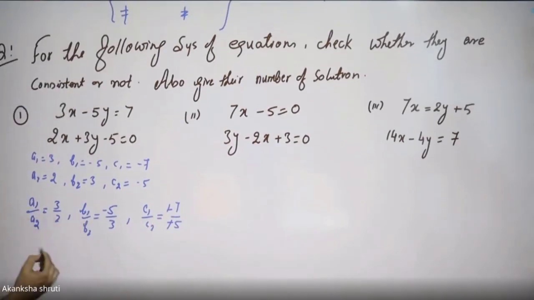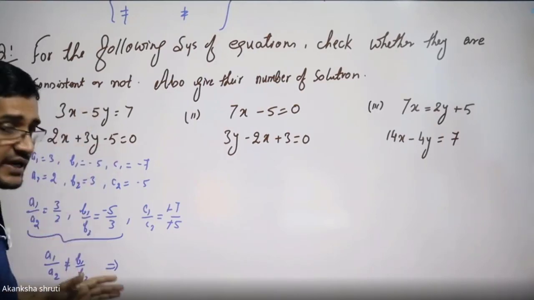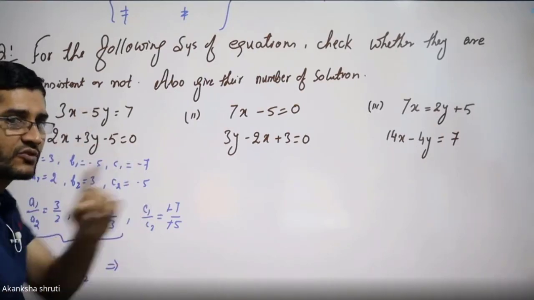Even from these two we conclude that a1 by a2 is not equal to b1 by b2, because 3 by 2 cannot be equal to minus 5 by 3. So from this we can say two things: the system of equations is consistent and the number of solutions is 1.